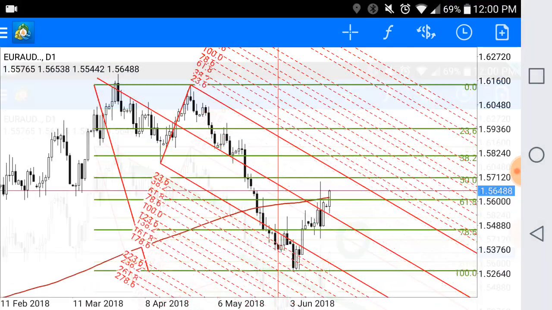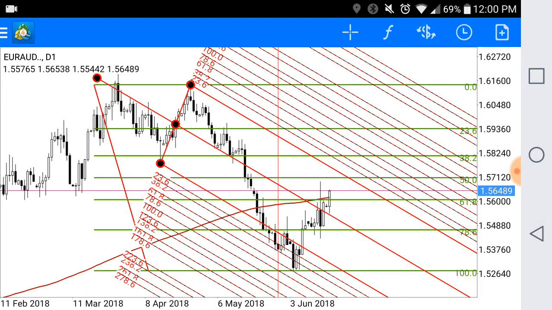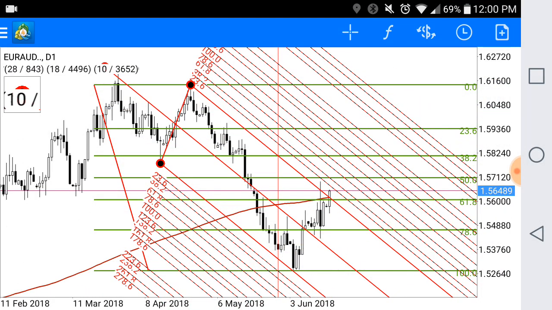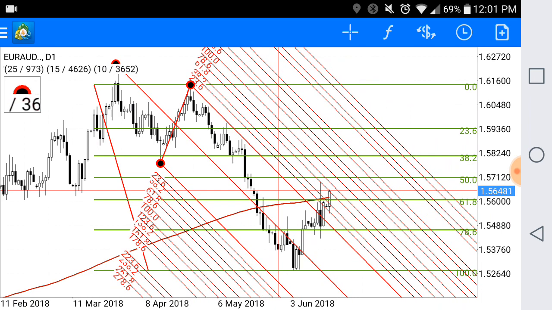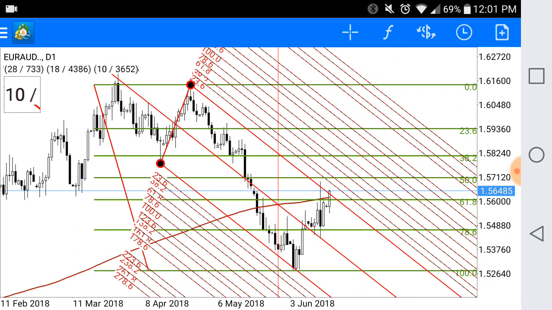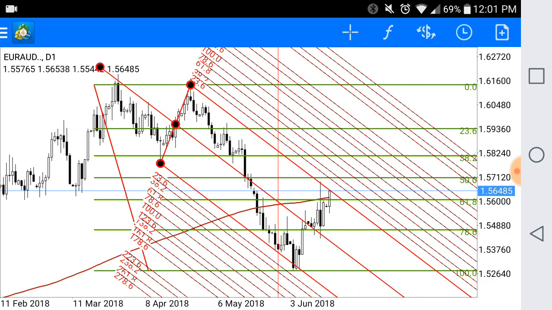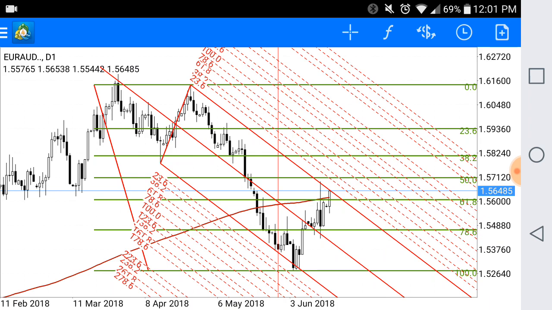I could go ahead and readjust my pitchfork for a sharper incline like that, but I don't really like that one though. I'm gonna go with this one.